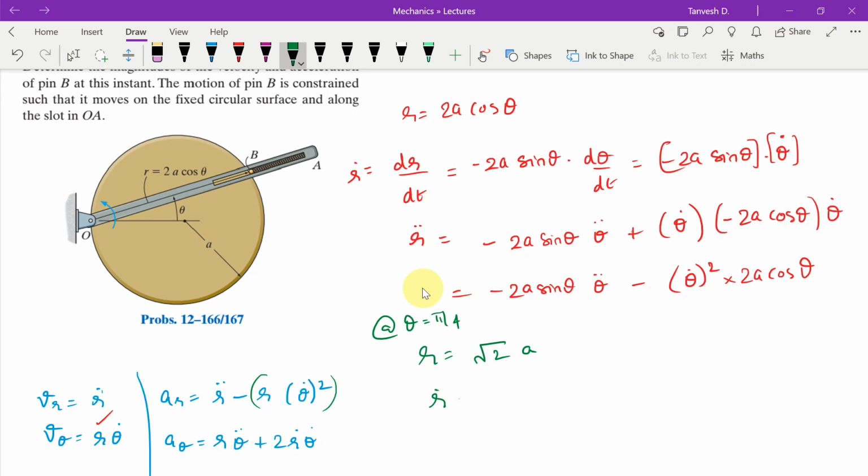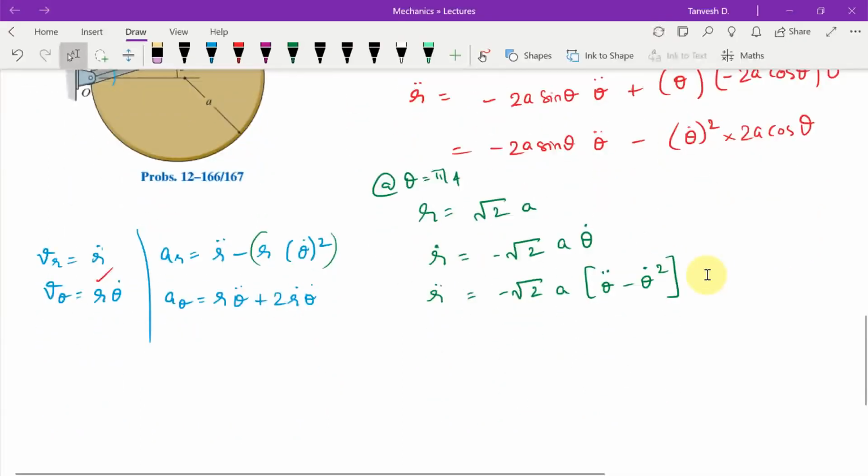R dot is minus 2a sin pi by 4 into theta dot, which is minus root 2a theta dot, and r double dot, when you solve this, you will get it as minus root 2a into theta double dot minus theta dot the whole square. Okay, so this is what we got, and now it's just mere substitution of these values.